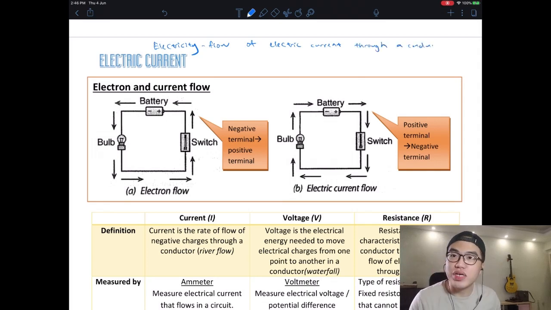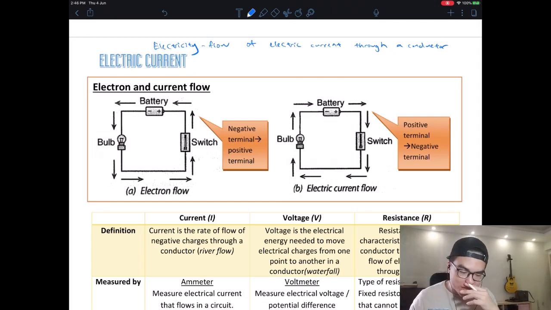Last 2 weeks static was only in insulators. Remember, we used balloons, a comb, acetate, those plastic stuff. This time electric current is only in conductors, like metals, wires, copper, whatever.